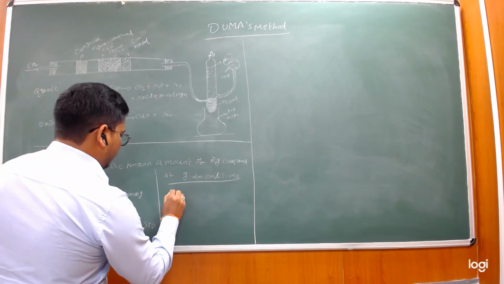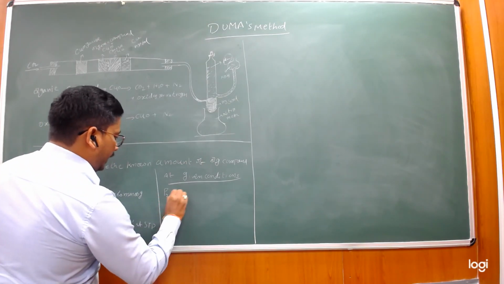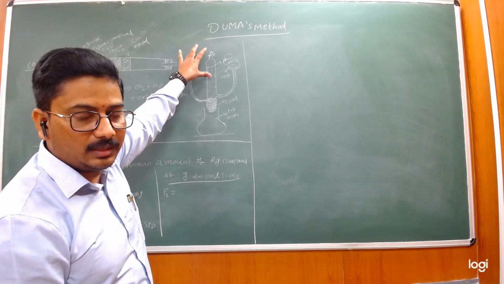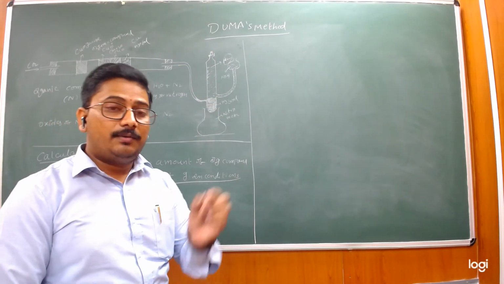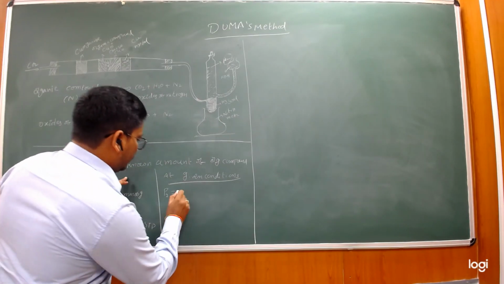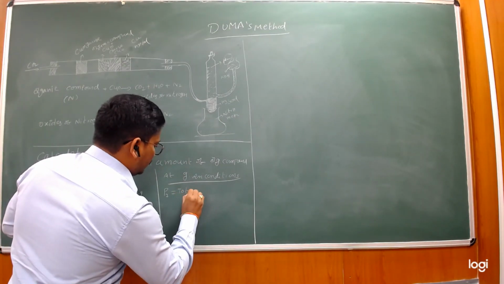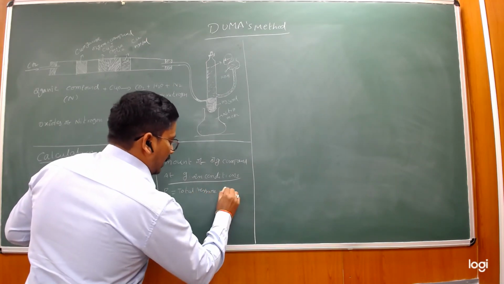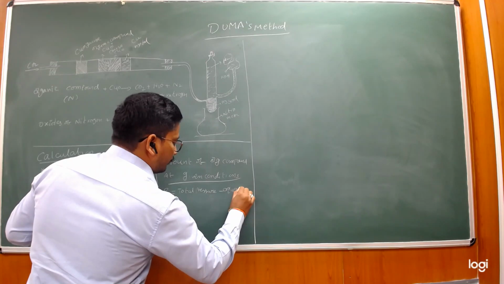Okay, so let's take P2. Here P2 is nothing but the pressure of the gas. Because in the pressure of the gas, even pressure of the water vapor is also there. So that's why we have to take the total pressure minus aqueous tension.